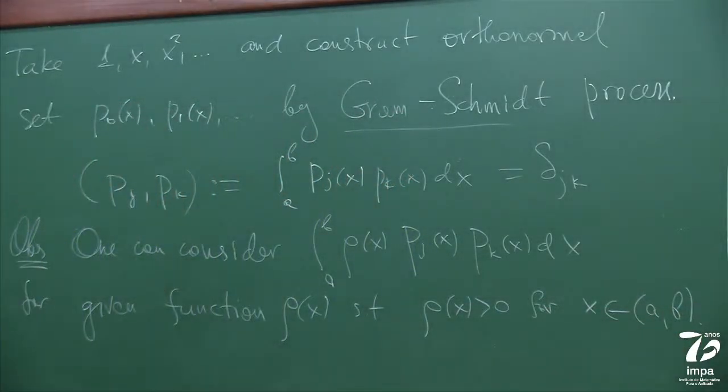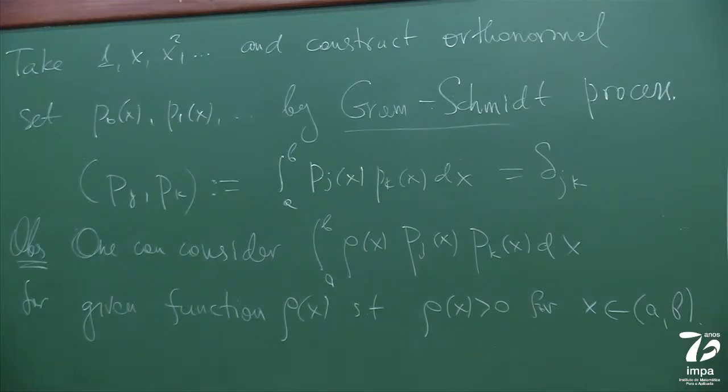In principle, you can use the same orthonormalization process, but with different scalar products. In many cases it's important, but anyway, we will not do it. Let's just stick to the usual integral of the usual product.